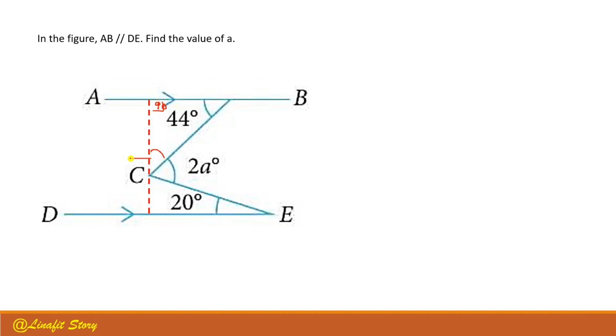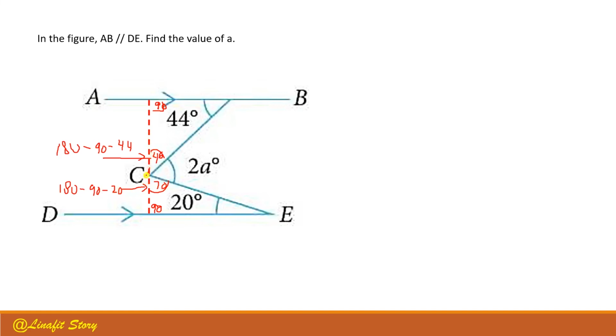So this is equal to 180 minus 90 minus 44, which is 46 degrees. This is 20 degrees, this is 90 degrees, this is a right angle. So this one is 180 minus 90 minus 20, which is 70 degrees.